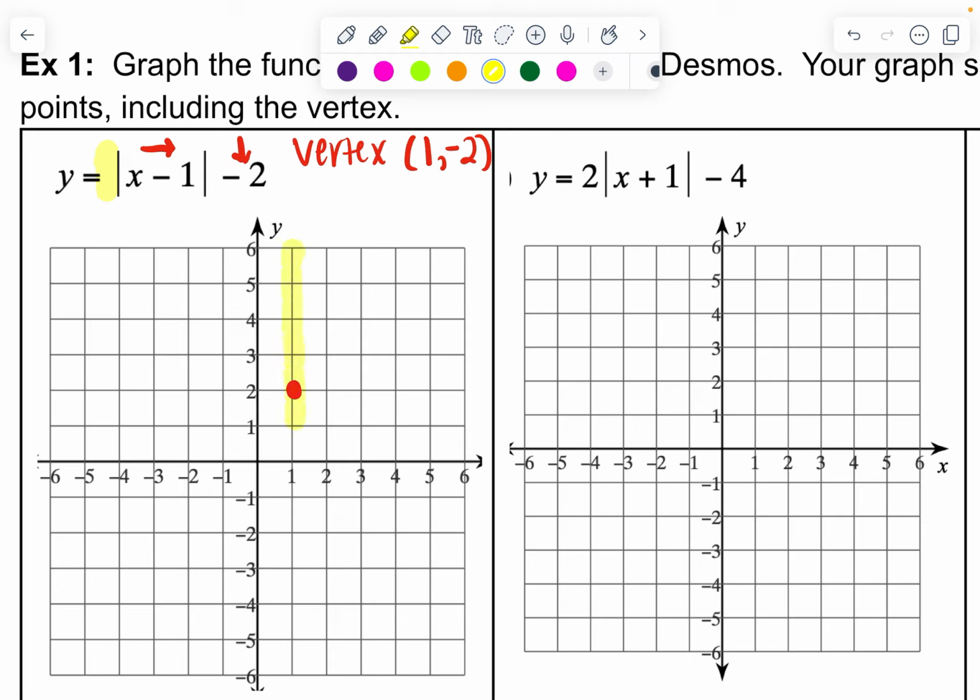I'm going to draw in my line of symmetry to help me. So from here, I just go over 1, up 1, over 1, up 1, over 1, up 1. And then we can do the same thing on the other side of the line of symmetry. And this is our graph.